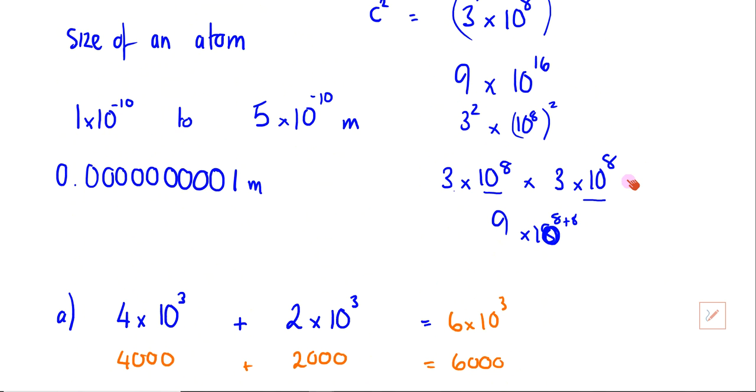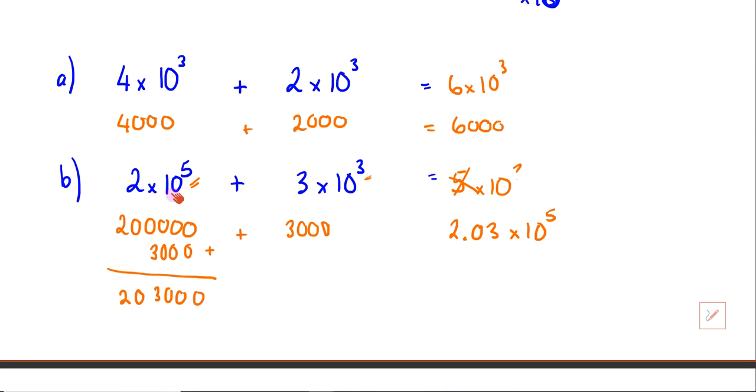Which one was easier? Multiplication, because that uses my laws of exponents a bit more, doesn't it? And we add the exponents and we multiply. So actually the ones to consider a lot are the adding and subtracting. They're the ones to be careful of.